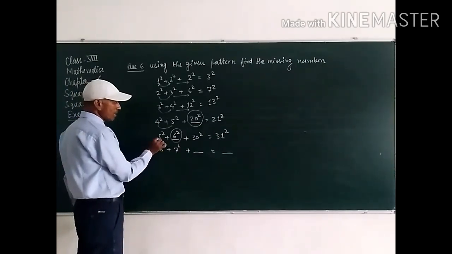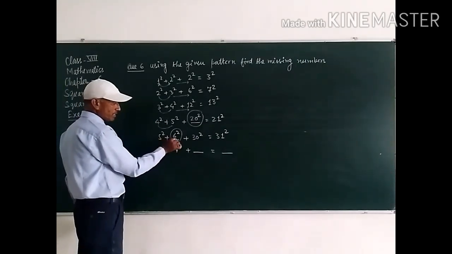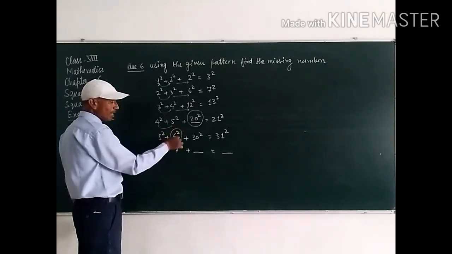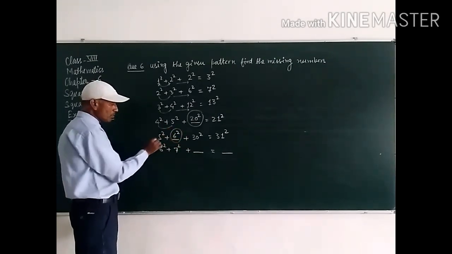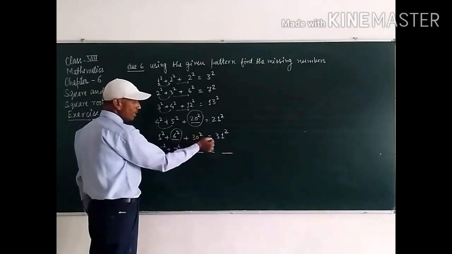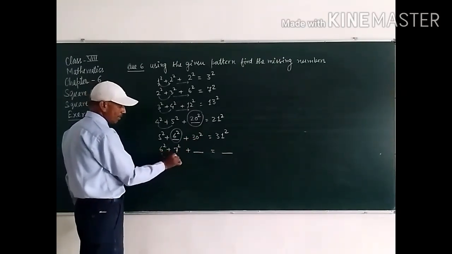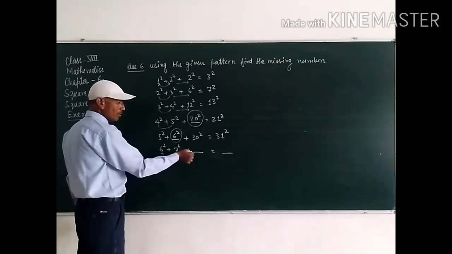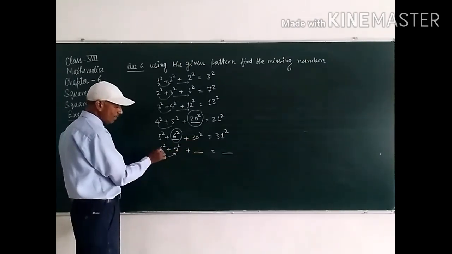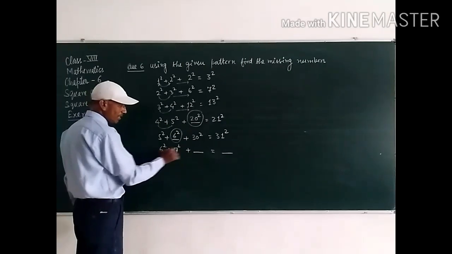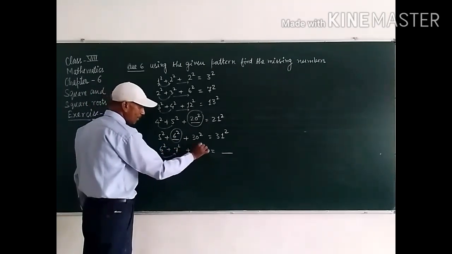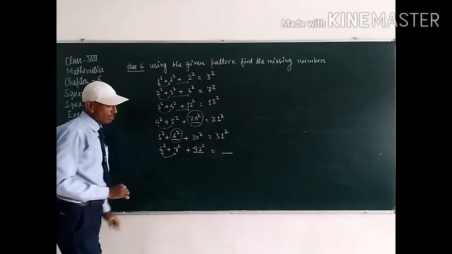And in this 5 into 6, this number we have already filled here student. So 5 6 ja 30 square and in this 6 into 7. Clear student? To find out the third number we have to multiply 6 7 ja 42. So this number will be 42 square. Clear?